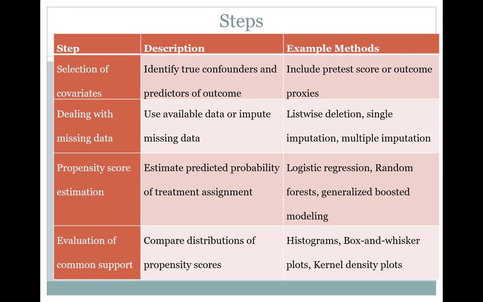whether you were successful. So the formal steps start with selection of covariates, where you identify true confounders and predictors of the outcome that you would like to include in the propensity score estimation. Now, these covariates will frequently have missing data, which brings us to the second step, handling missing data, and that can be quite complex.